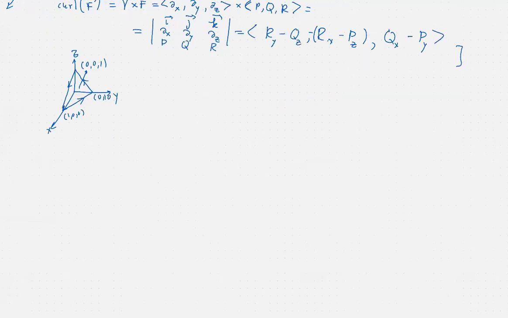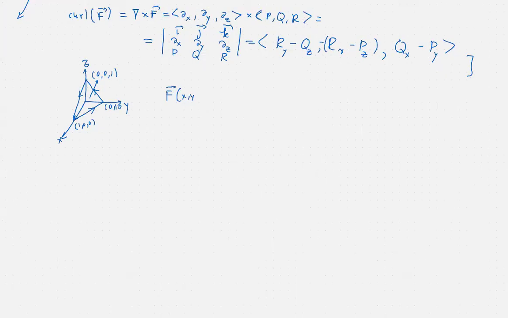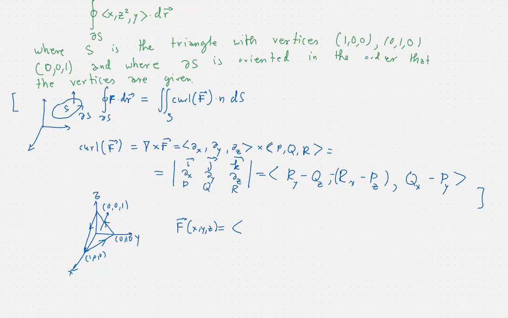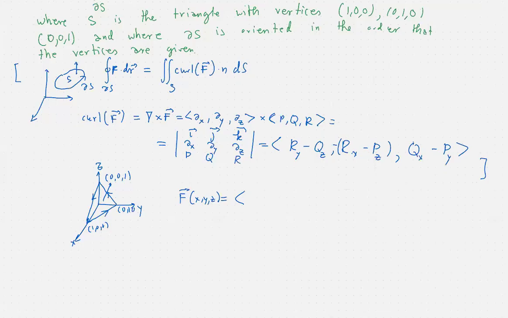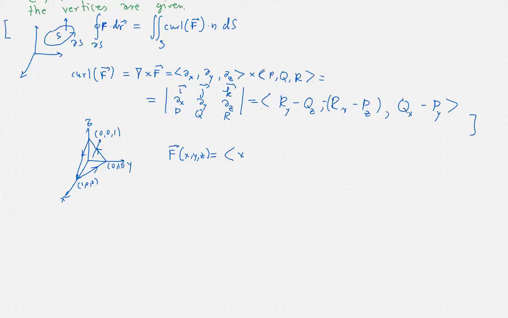What is the underlying vector field? So F of x, y, z is actually equal to (x, z squared, y), which means that the curl of F is the cross product of the gradient operator with F. Let's write down the determinant that we gave a moment ago.